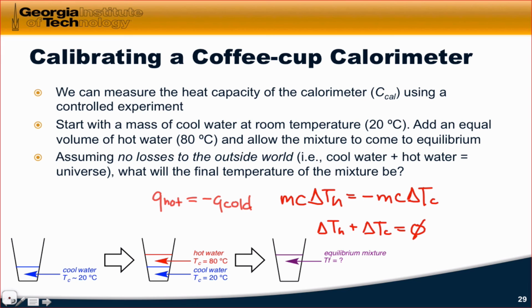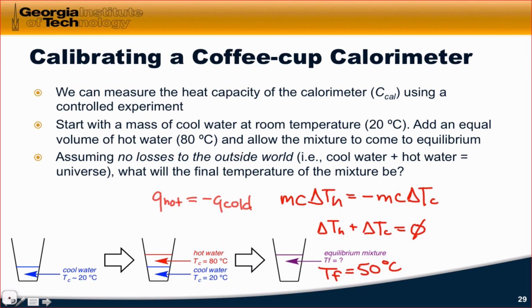And of course, the only way that this can be the case, such that the final mixture has a common equilibrium temperature, is if the final equilibrium temperature of the mixture is halfway between the initial hot and the initial cold, or 50 degrees Celsius.